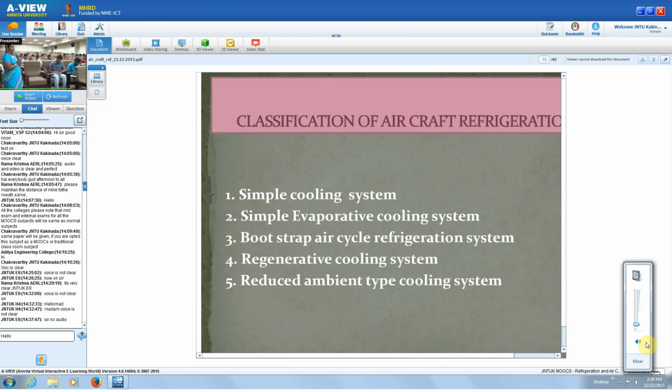When the vehicle is moving at very high velocity, more than a Mach number of 1.5 or 2.5, one type is suitable. If it is moving at a lower velocity, then another type is suitable. Let us see all these in detail with the flow diagrams and the TS diagrams.